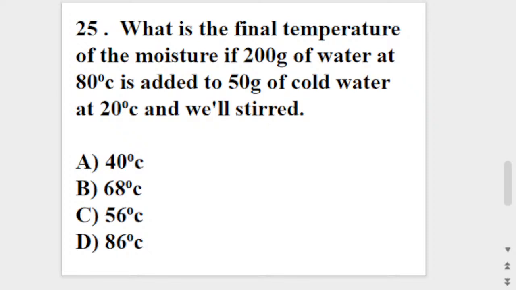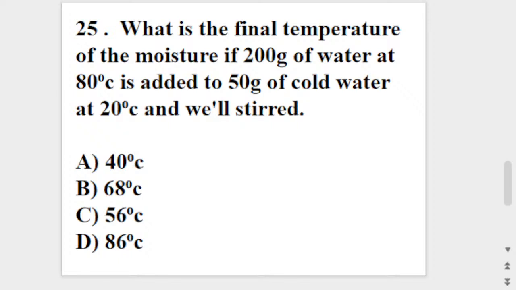This is under specific heat capacity. And questions here are guaranteed. You can't but always come across this. Now, before I show you how you can do this, let me lay the groundwork first.